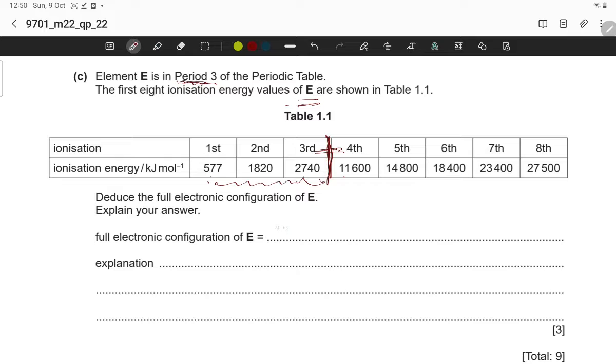So this is the electronic configuration: 1s2, 2s2, 2p6, 3s2, and 3p1. So these are the valence shell electrons. Because there is a big jump between third and fourth, it determines that element E is present in group 13, third period and third group of the periodic table.